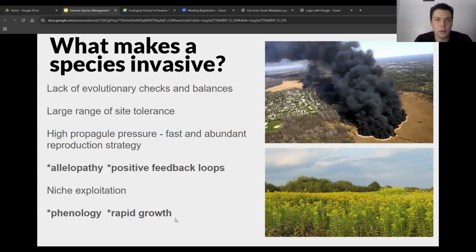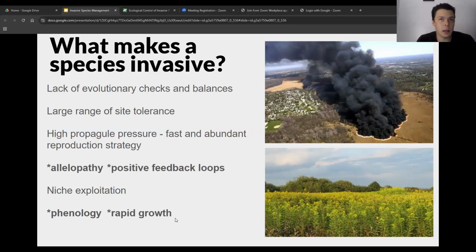With invasive species, and in this case we're talking about plants, you're dropping a novel species into an ecosystem where it has no checks and balances. And if it's successful, it'll exploit that niche very well.